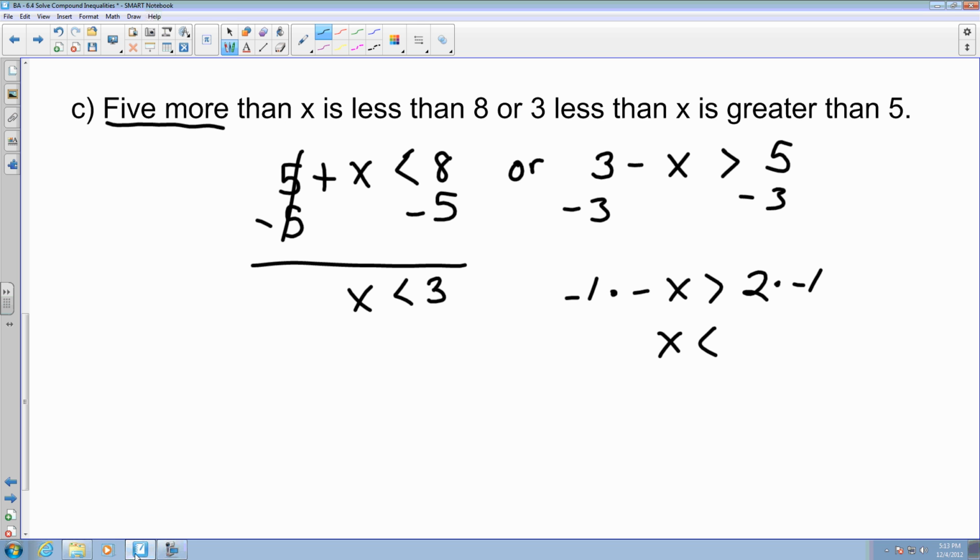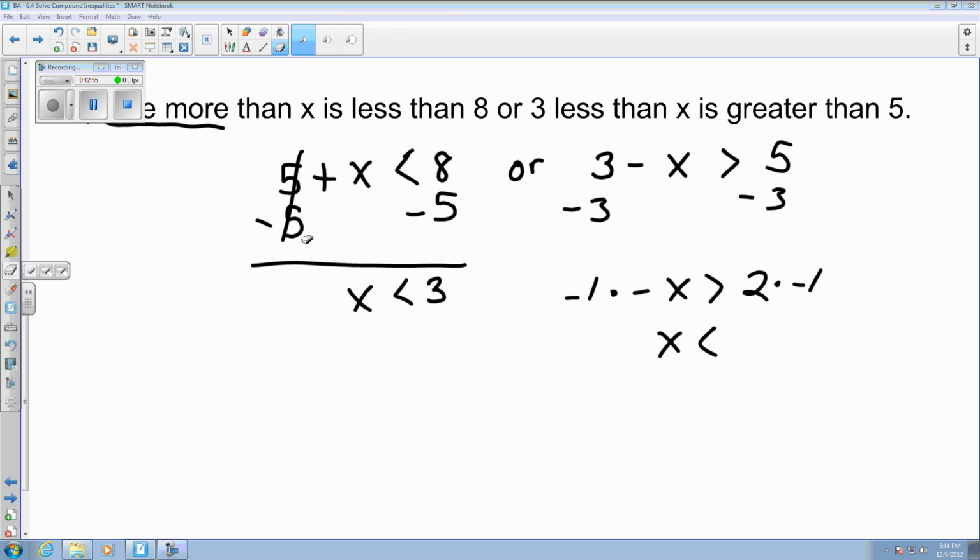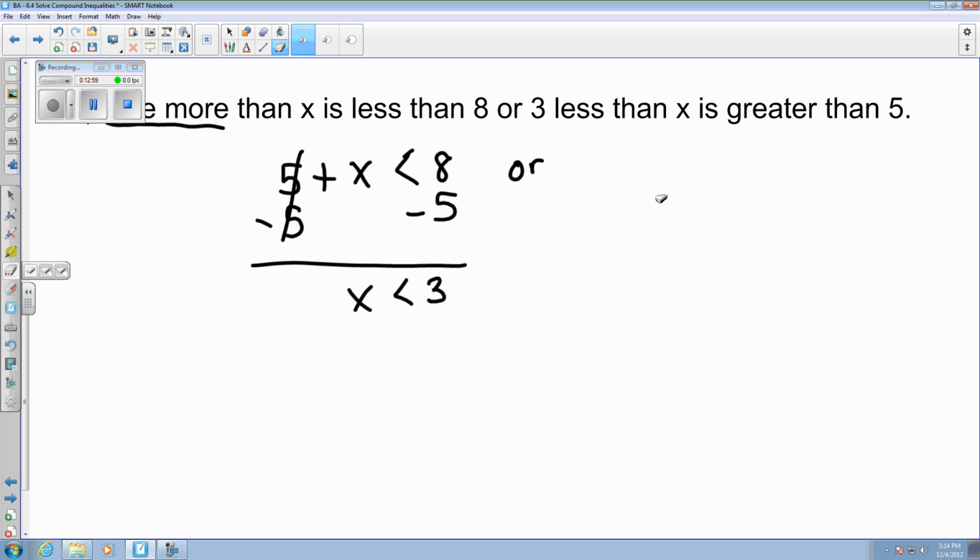Wait a minute. I'm sorry, I actually did something wrong. And I did it wrong on this equation. I read it wrong. So, as I said before, I wrote it as 3 minus x.